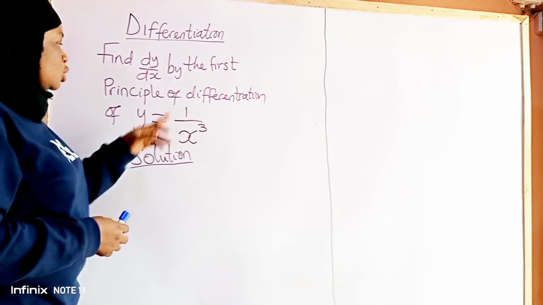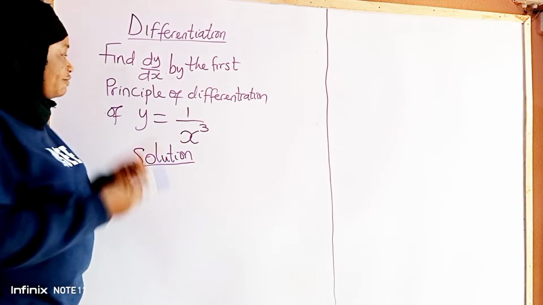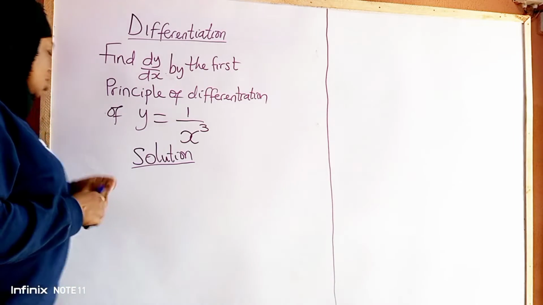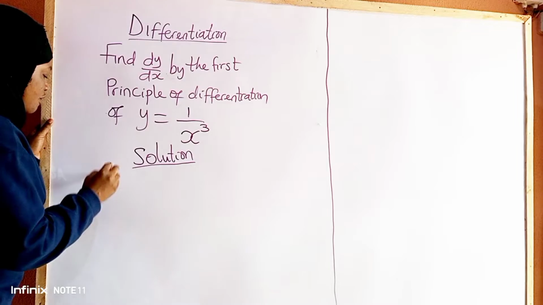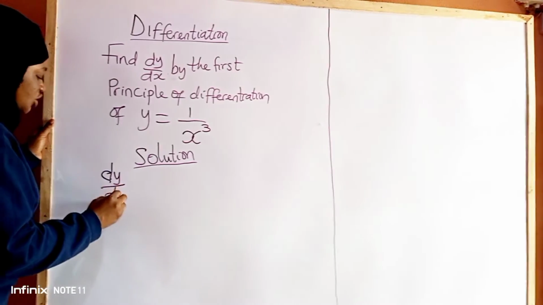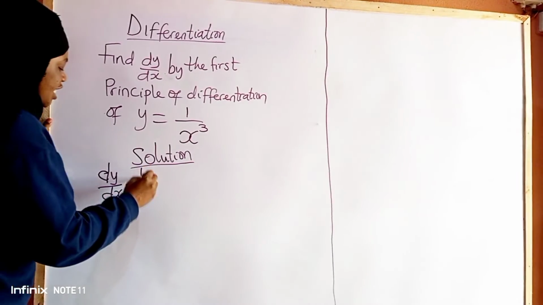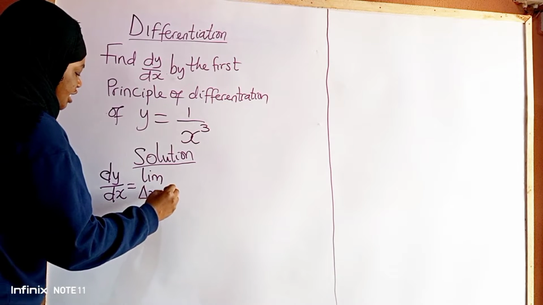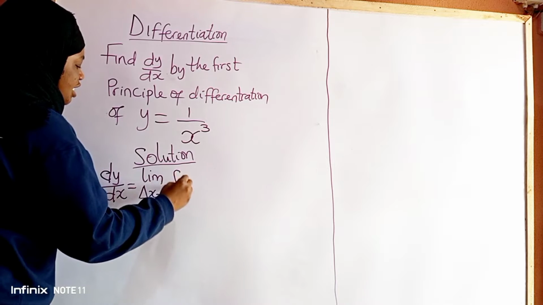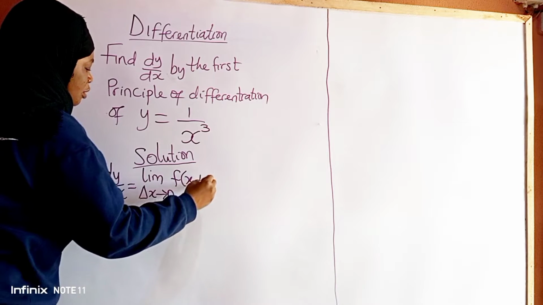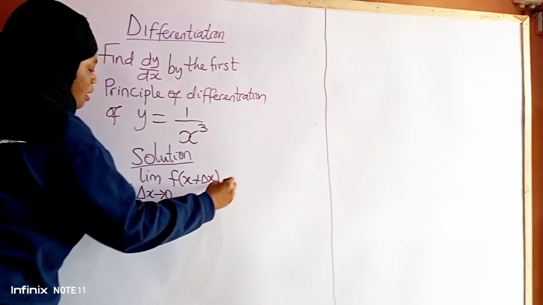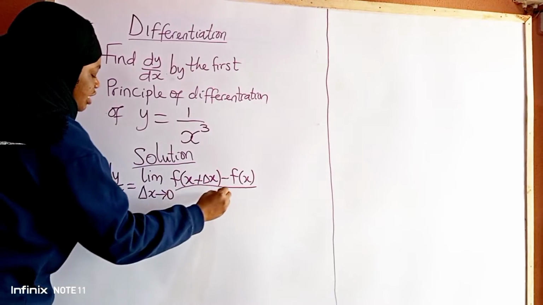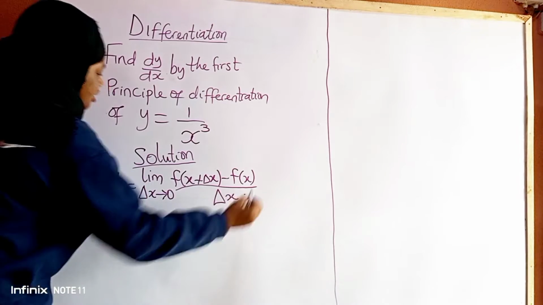If y is equal to 1 over x cubed, we want to find dy/dx by the first principle of differentiation. According to the formula of first principle of differentiation, dy/dx is equal to the limit as change in x tends to 0, of f of x plus change in x minus f of x, everything divided by change in x.